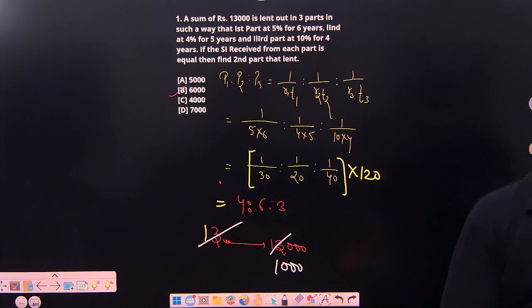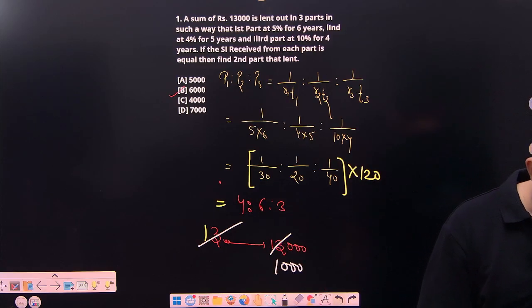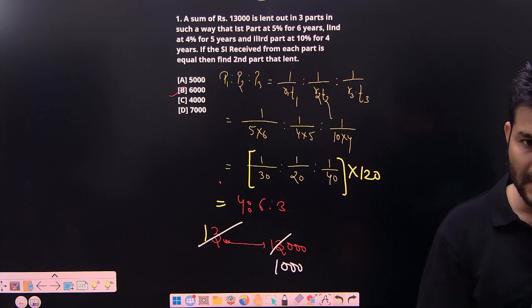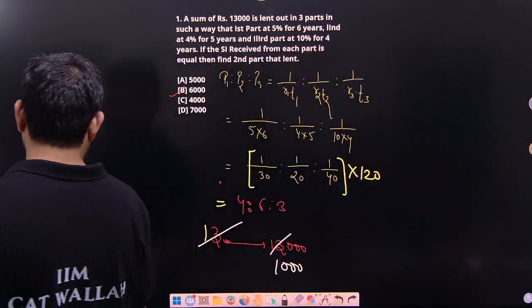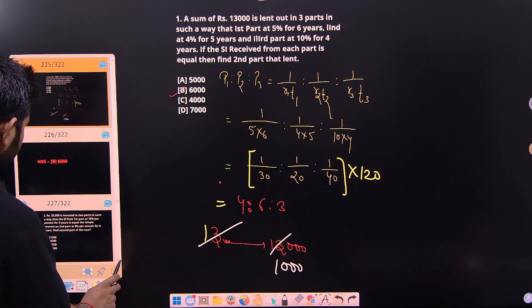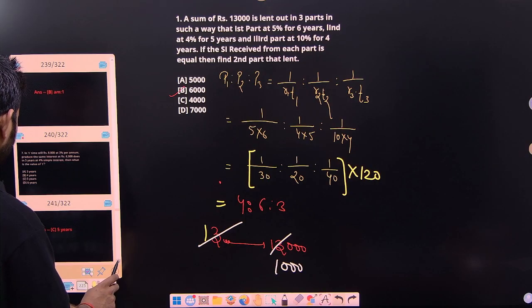Type 10 was one thing; for type 11 we need to do the same thing. What type 11 says is related to type 10.